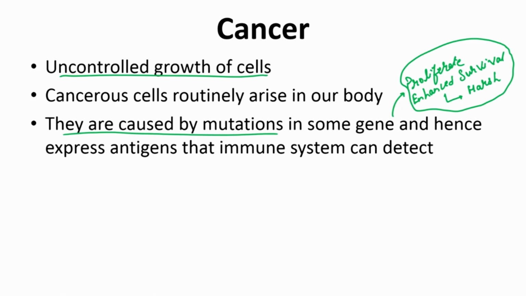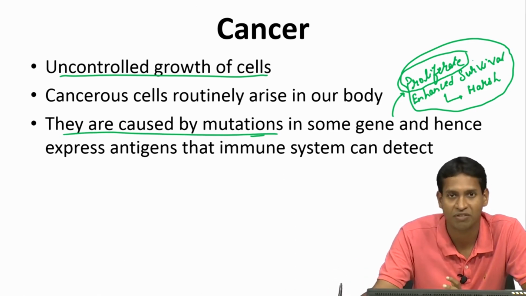Now, because there are mutations, the proteins being produced are not the sequence they are supposed to be. Let us say there is a mutation in a gene that causes upregulation in proliferation. Because of that mutation, your original gene that the body knows no longer exists. Maybe a few amino acids are changed or replaced, and the structure is different.